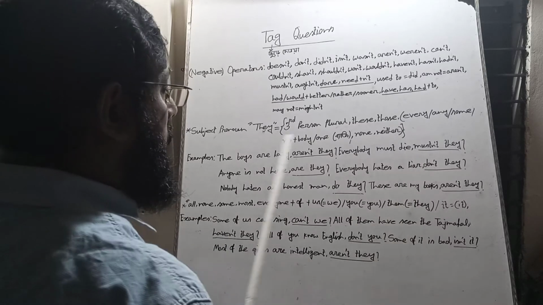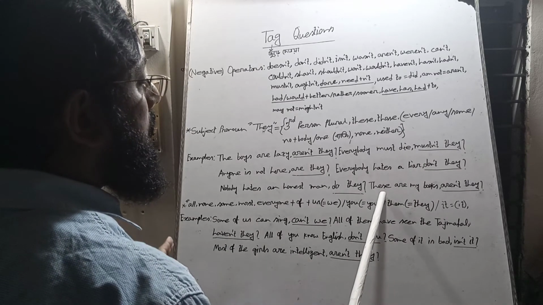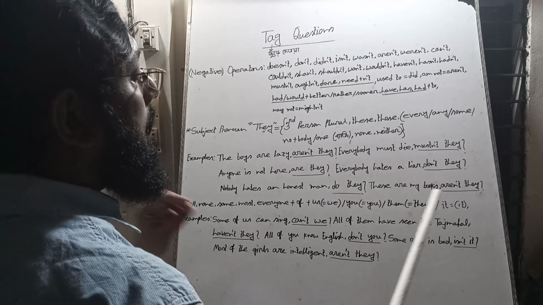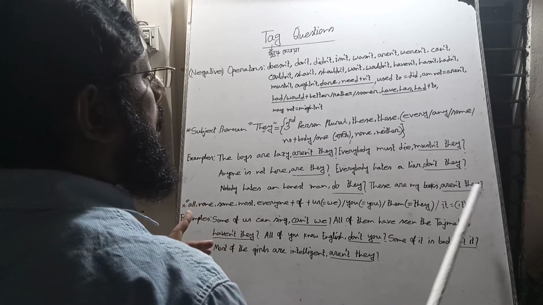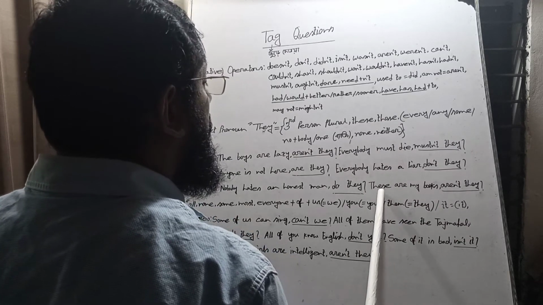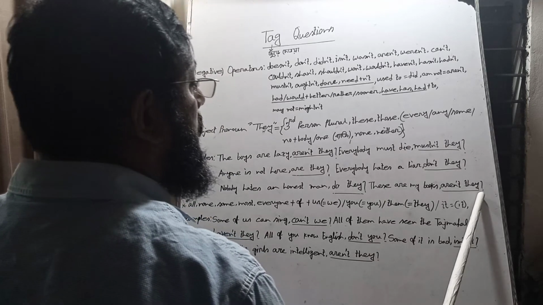These are my books. We know that instead of the demonstrative pronouns these and those, we use the short-form pronoun they, the third person plural pronoun.